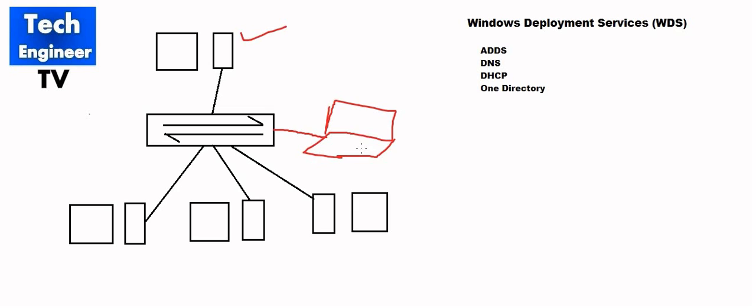Another very important requirement for WDS, along with ADDS, is that the server must be a member of Active Directory, or must have Active Directory installed on the server. Once we install ADDS, DNS will also be installed and activated.